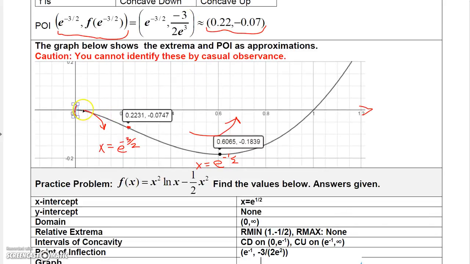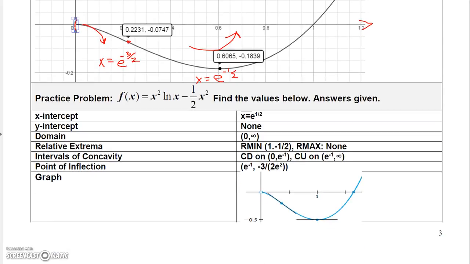And you can see it's decreasing till you get to here, and then it starts increasing. So see, it all works. And there's another practice problem you can try below with the graph given, if you want to give that one a shot and see if you can get the same answers I got.